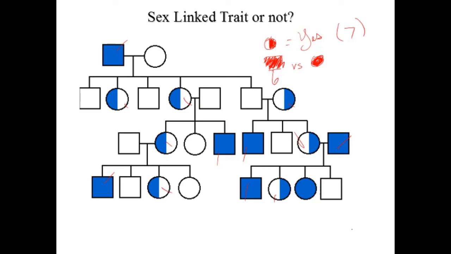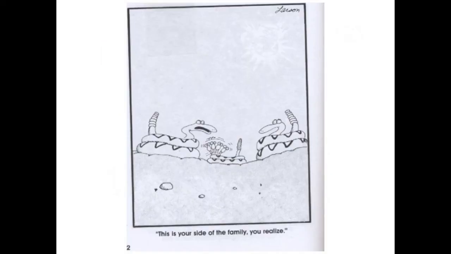How many girls are fully affected? Just this one. Notice the ratio is much more clear in this case. You have 6 boys to just 1 girl fully affected. This is probably the telltale sign of it being a sex-linked trait, whatever the trait is. So, a sex-linked, most likely recessive trait.